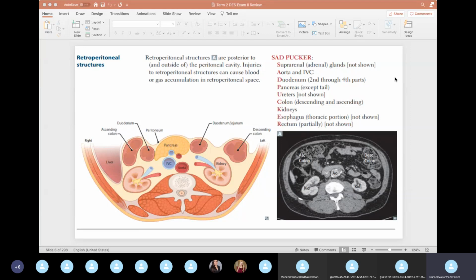Let's look at the lower right image. So you have suprarenal glands, aorta, IVC, duodenum, pancreas, ureters, colon, kidneys, esophagus, and the rectum. Please memorize these structures. This is high yield.